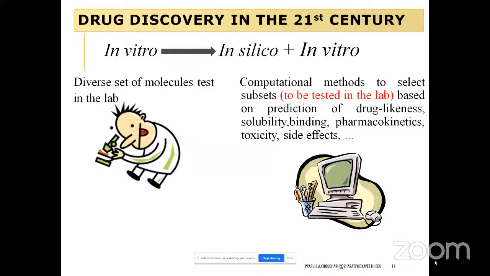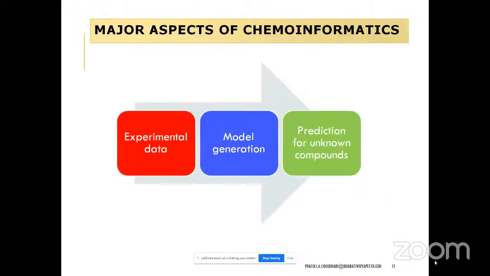And this will minimize the overall experimental load, because these computational technologies are highly efficient, so the number of molecules to be developed can be minimized, which reduces the overall experimental load normally present in the lab for the development processes.